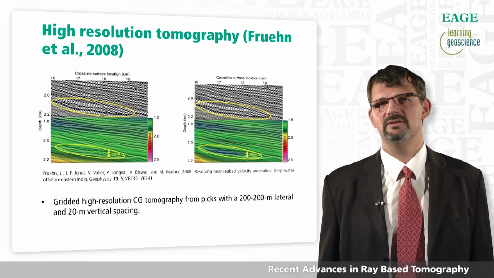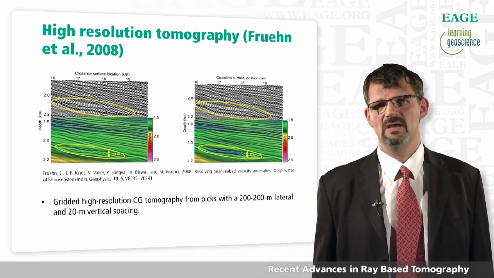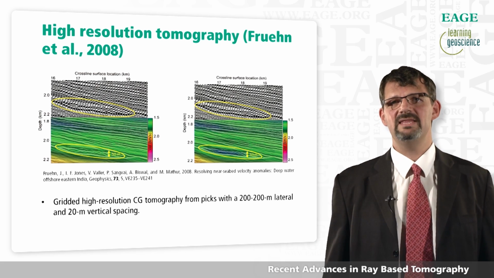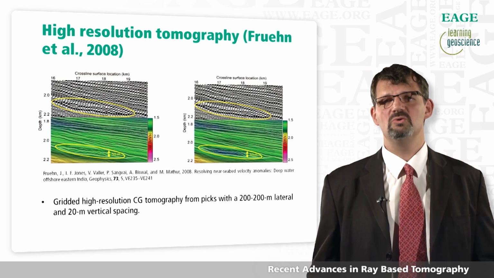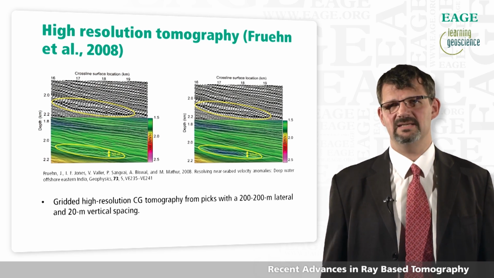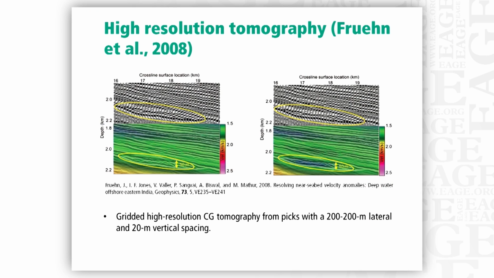Another publication, this one by Fruehn and co-authors, using gridded high-resolution tomography, dense picking again, up to 20 meter vertical spacing. And you see there is some possibility with tomography to resolve a very thin layer, a 50 meter thick layer.